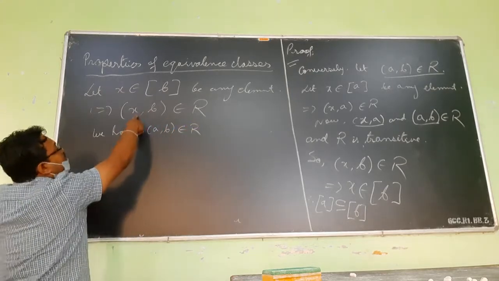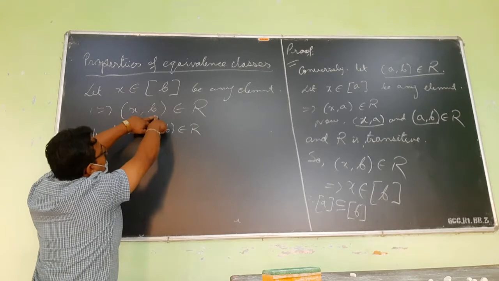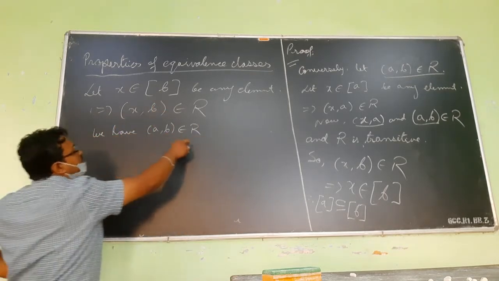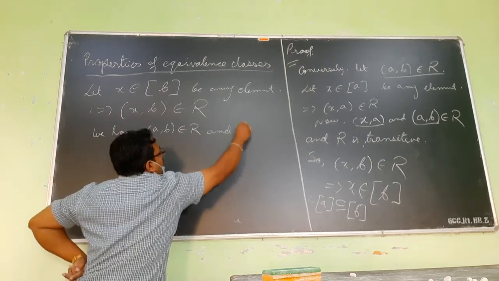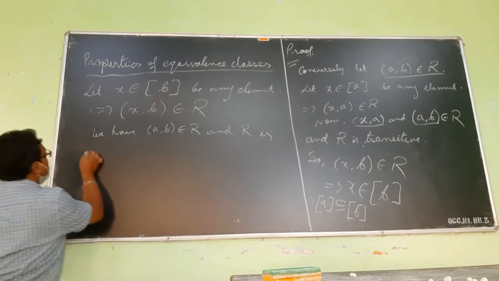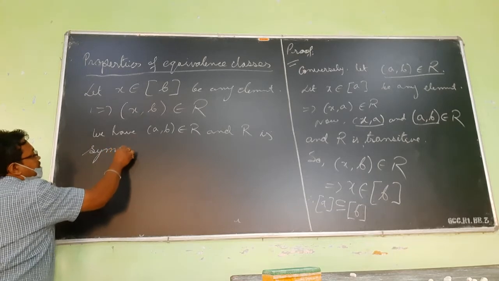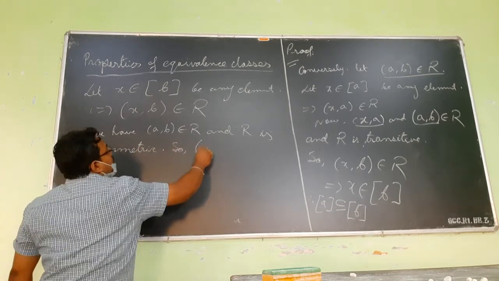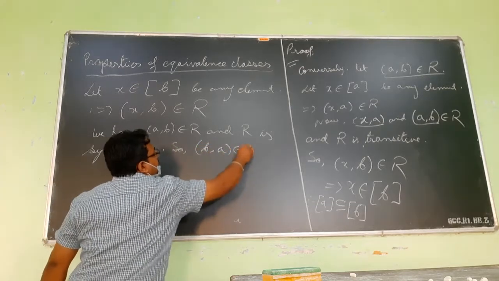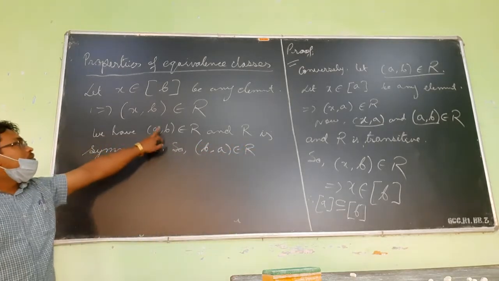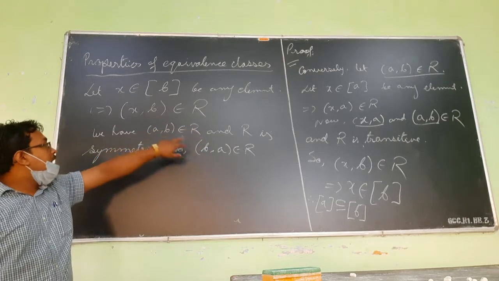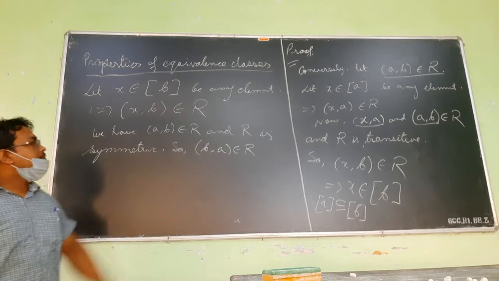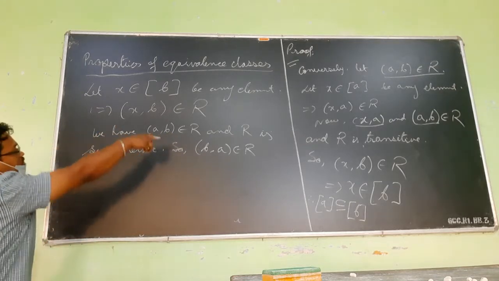But for transitivity, what do I need? (x, b) and then (b, something), starting with b. So we have (a, b) belongs to R, and I can use the symmetric property. So (b, a) is also in R. Our supposition is (a, b) is in R, but R is symmetric, so (b, a) is also in R. So I can combine these two now.